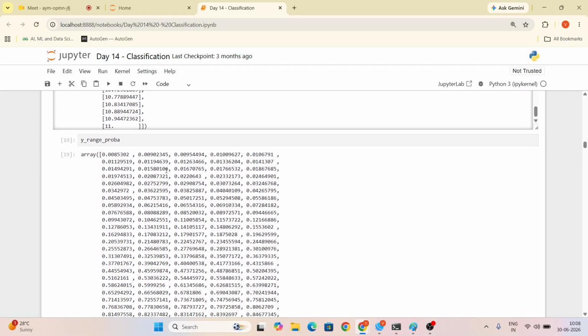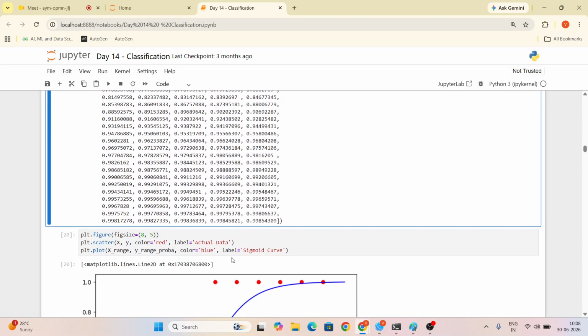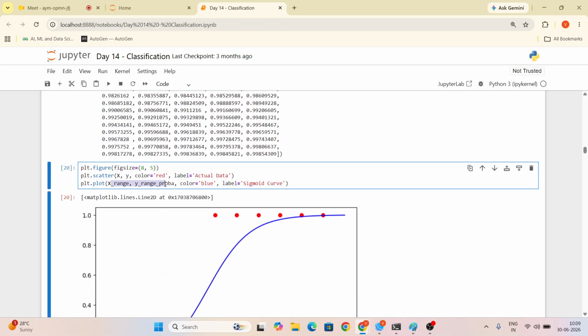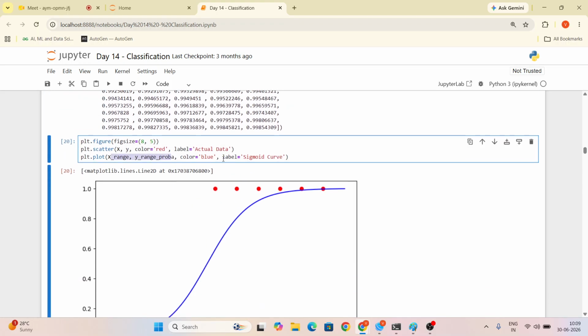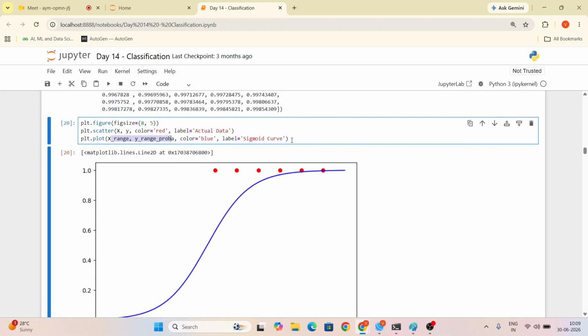So here it is, this is the y range. Only then can we draw the smooth curve. So here we plot x range and y range as a blue color line, right? Then it is drawn one by one. These 200 points make a smooth curve. Have you got my point?